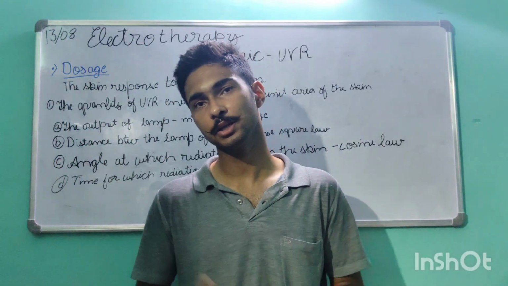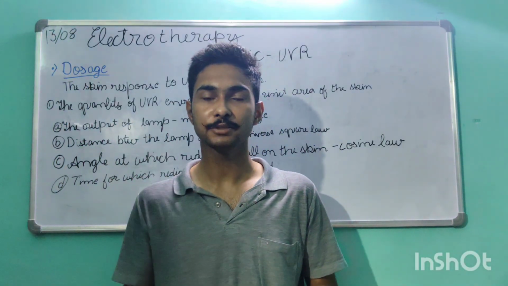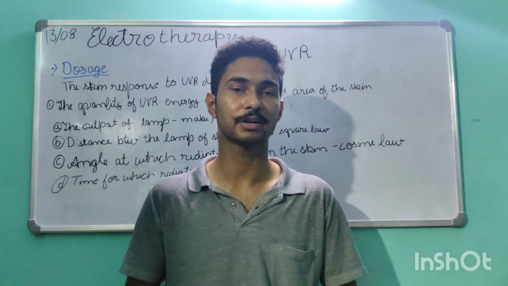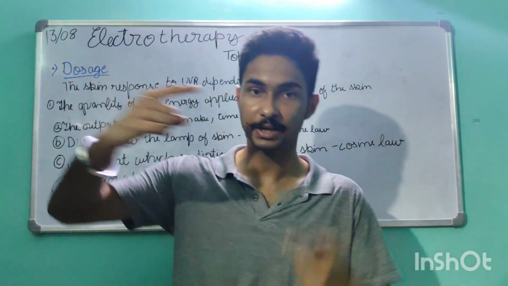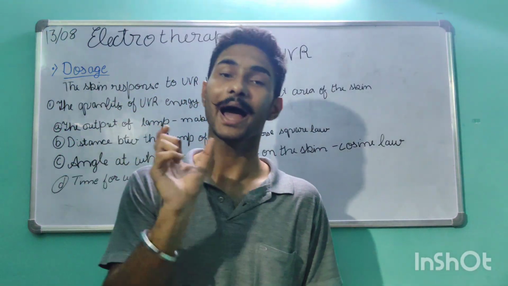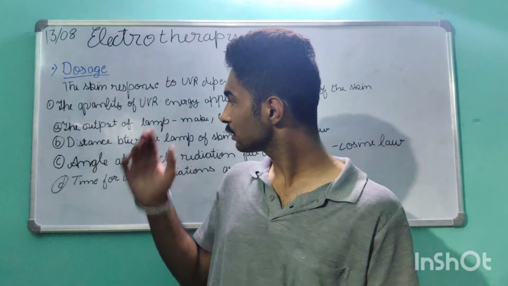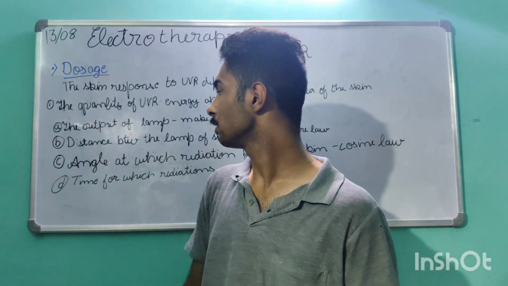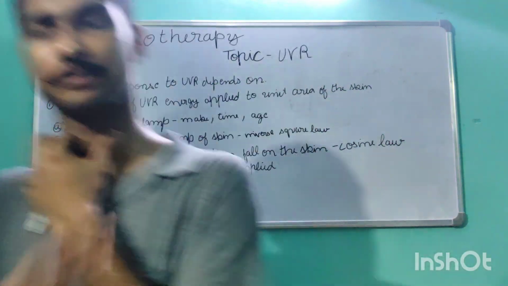For example, in European countries it was banned. Why is it banned? Because of so many disadvantages. One of the disadvantages is that if you look at UVR when it's switched on, it can affect your eyes. You can lose your eyesight. But here the main things you should know are the distance, angle and time. They should be specific.